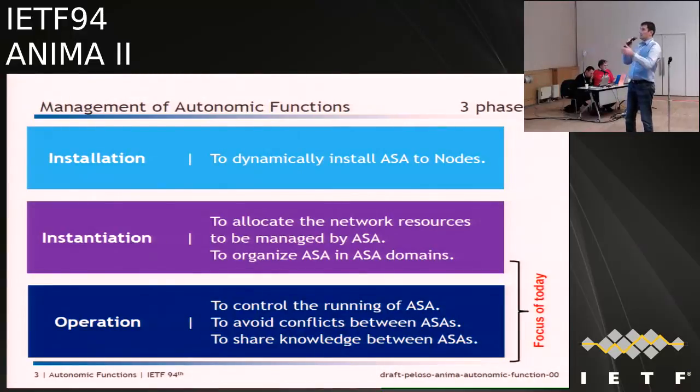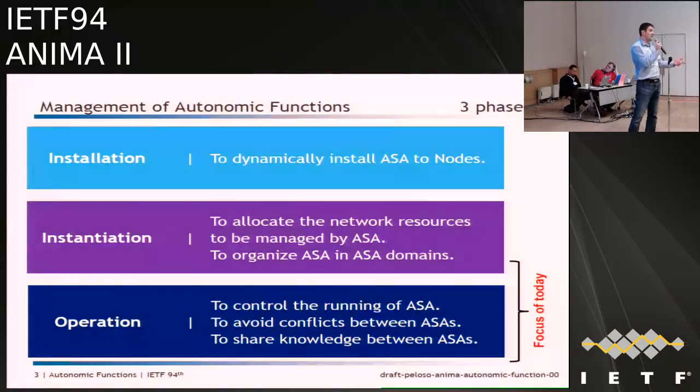There's the instantiation, which is the second phase. You have an autonomic node, and inside this autonomic node, you have some ASA, but which are the pieces of equipment, which are the resources that this autonomic function is going to manage? The instantiation is how you set this to the autonomic function.